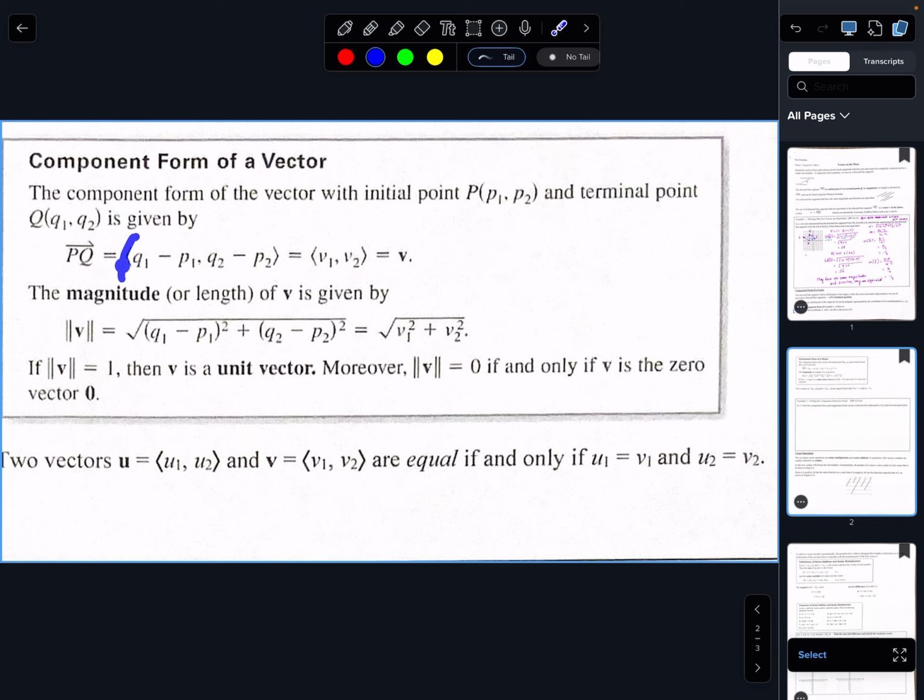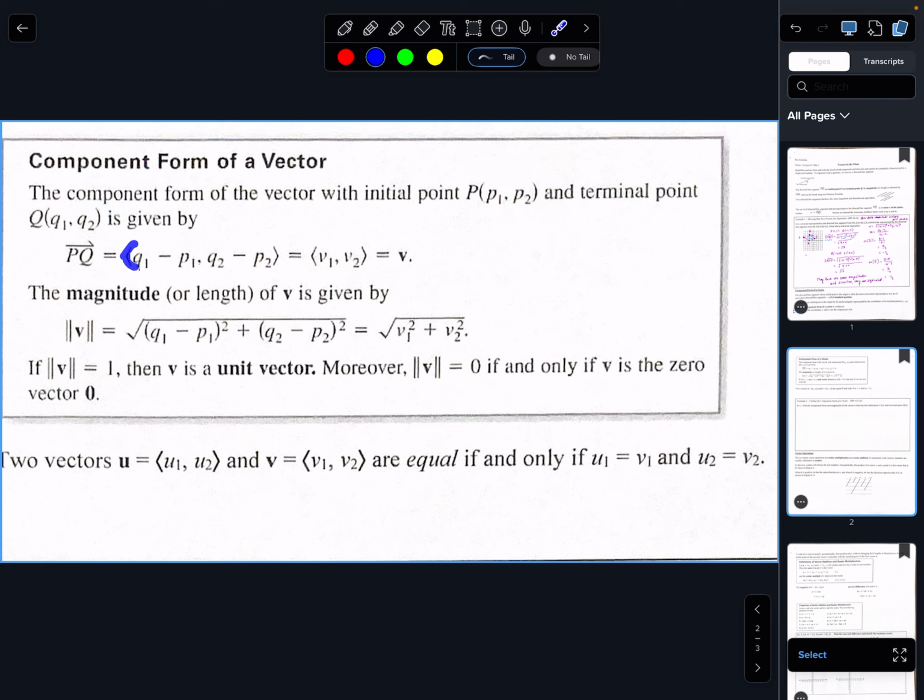You must start with the Q, and it's Q sub 1 minus P sub 1. So it's terminal minus initial to get the correct signage. And that's your horizontal component. And then the vertical component, how much it rises, is Q sub 2 minus P sub 2.